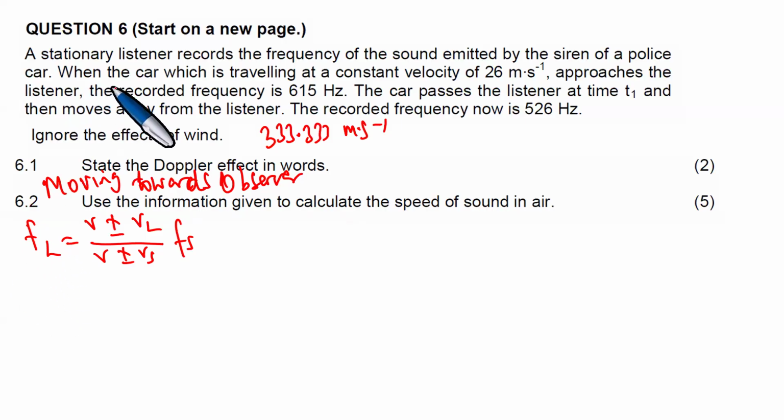So now a stationary listener records the frequency of the sound emitted by the siren of a police car.